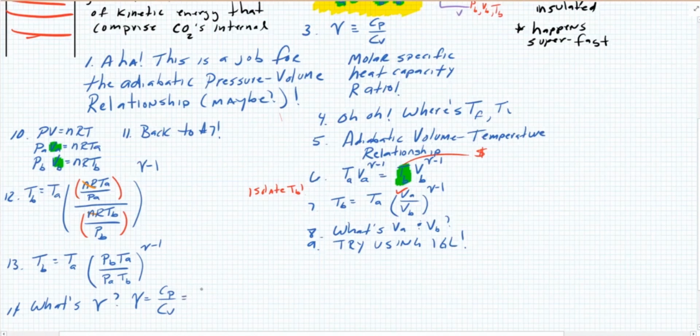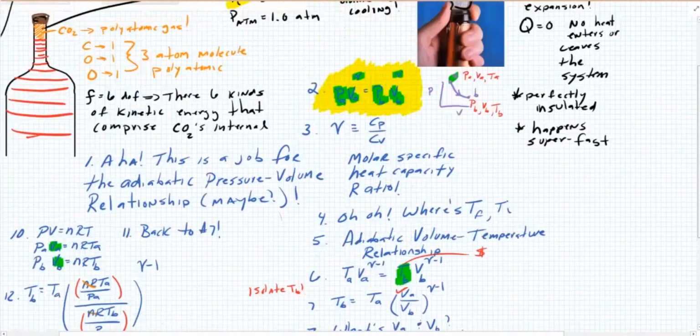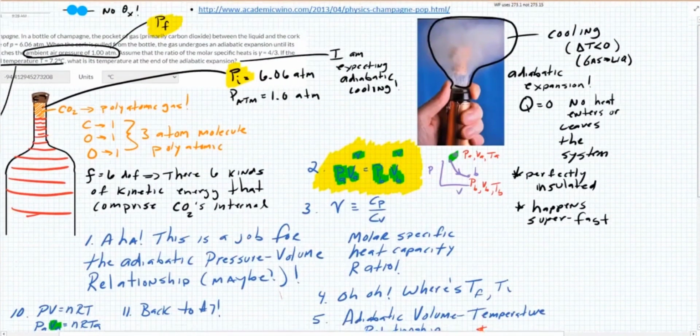This was shown to be CV plus R. So I have CV plus R all over CV. What's CV? CV was shown to be F over 2R. Plus R, that's my numerator. My denominator is CV, F over 2R. Got it? And this is polyatomic.